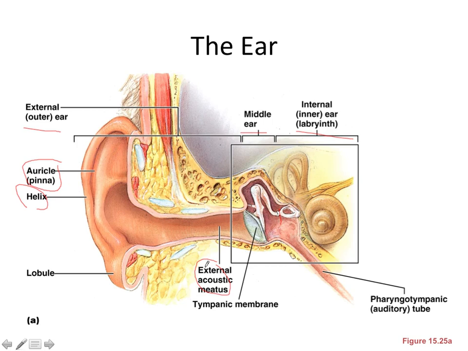The external acoustic meatus conducts the air sound from the auricle to the middle ear.